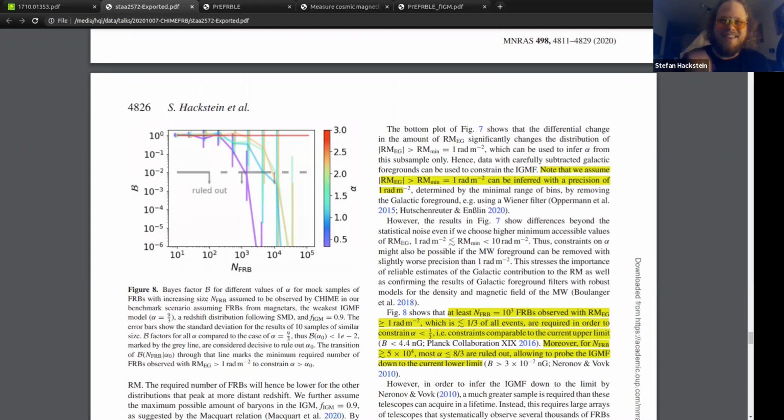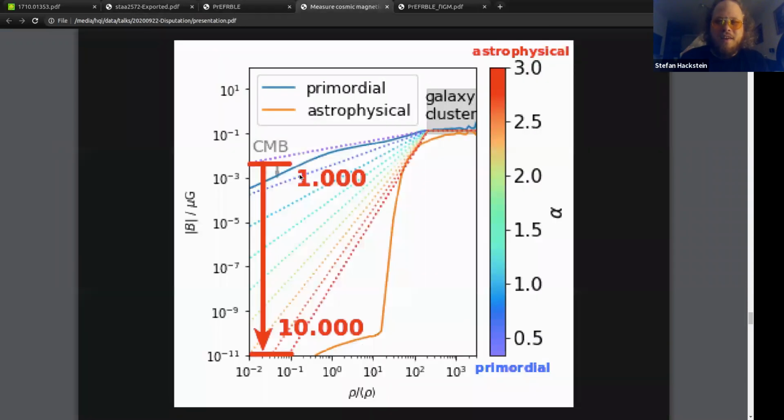This is great. However, following this ruled out line further, you can see that all the other values of alpha, so all the other possible intergalactic magnetic field strengths, go into the ruled out region. And this means that using fast radio bursts, tens of thousands of fast radio bursts will be available once the SKA comes online, or when CHIME has been looking for a bit more than a decade.